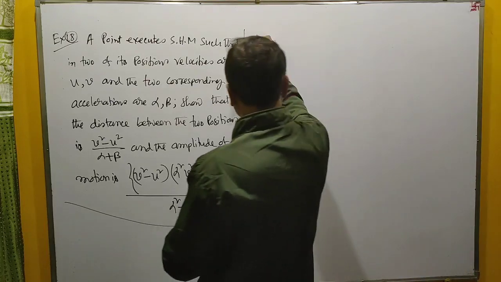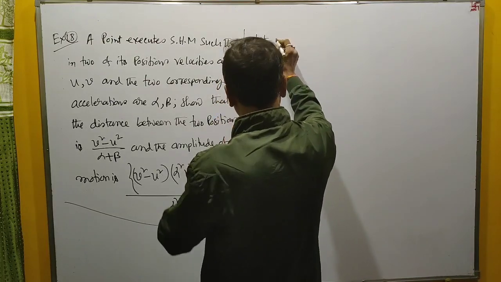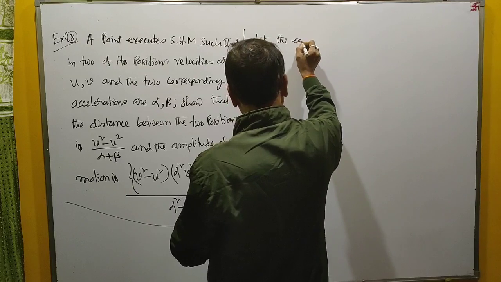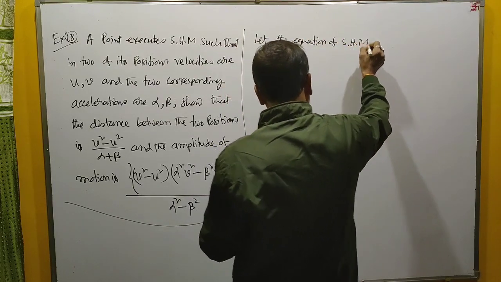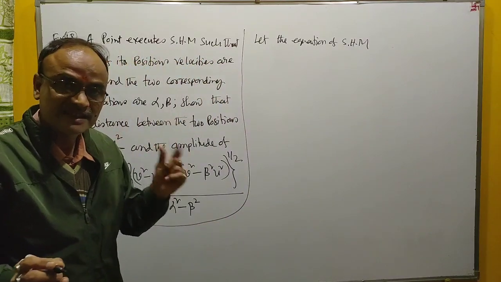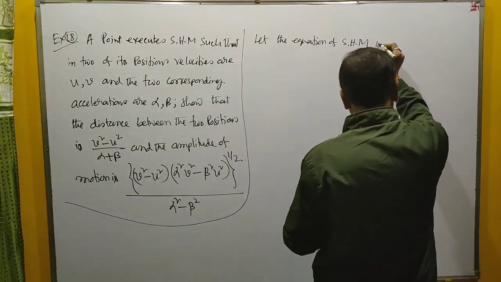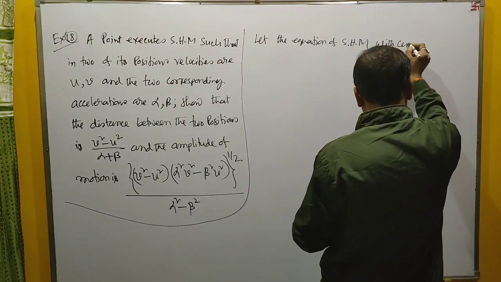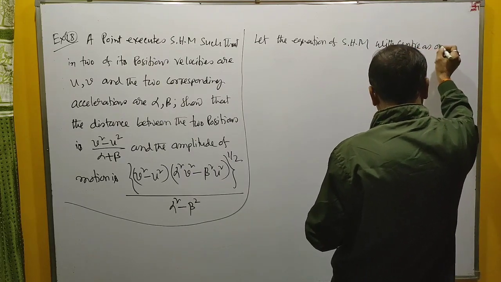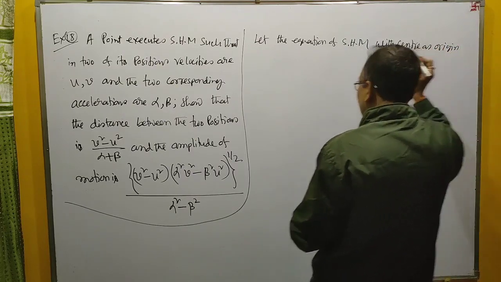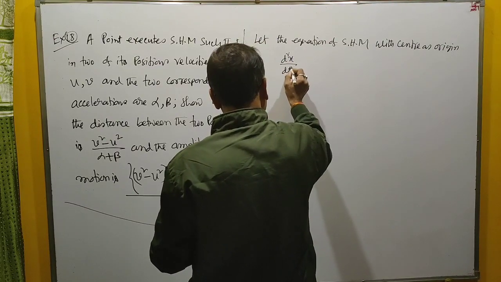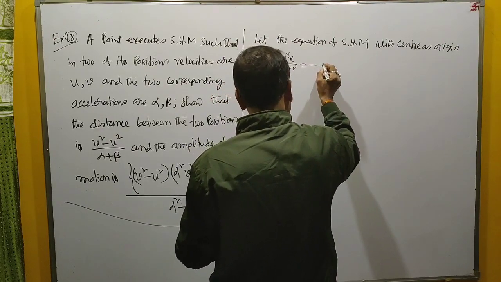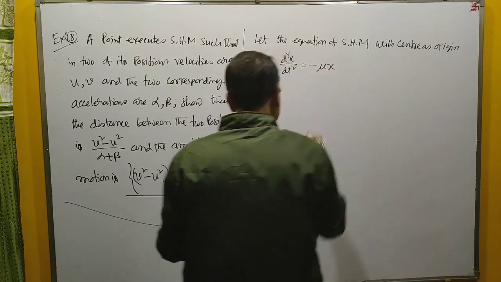Let the equation of simple harmonic motion with center as origin be d2x by dt square equal to minus mu x.